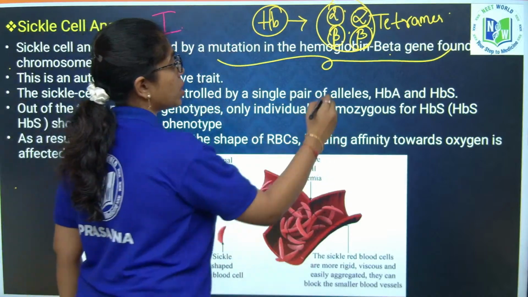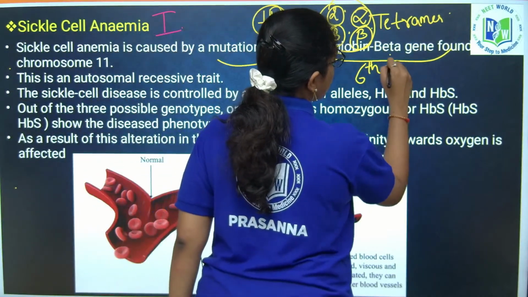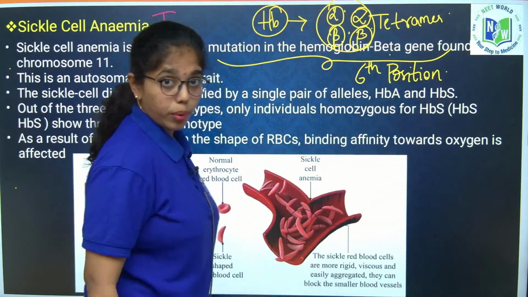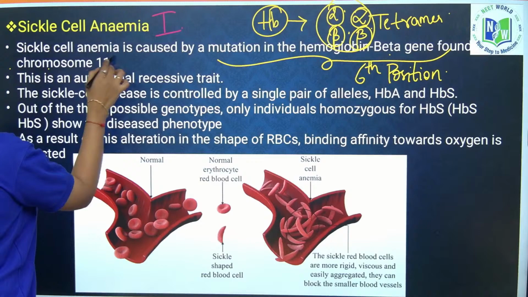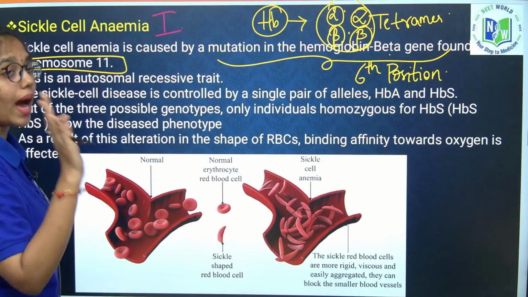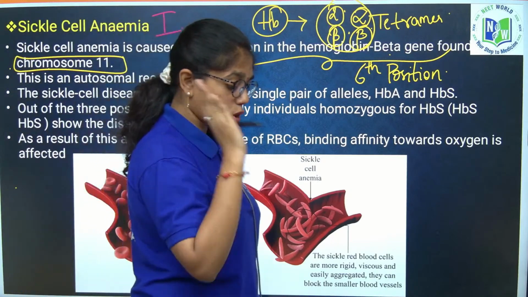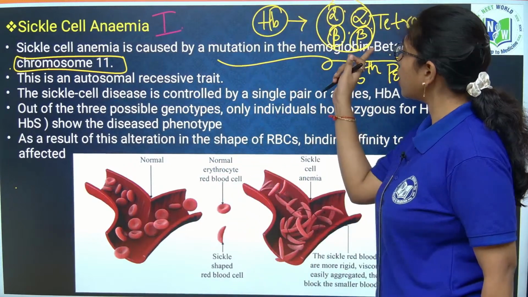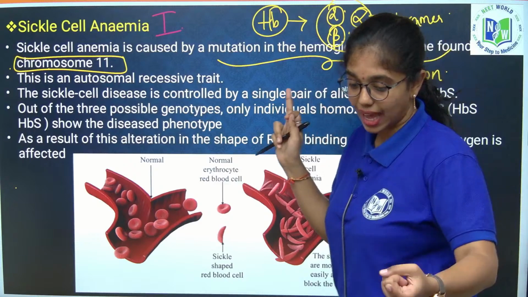At what position? At the 6th position in beta globulin protein, and this is seen at the chromosome level. You have to remember the chromosome number and which globulin protein is affected, whether it is alpha or beta.